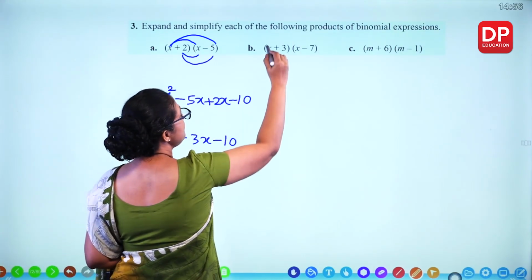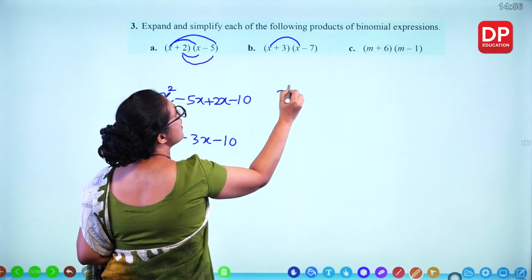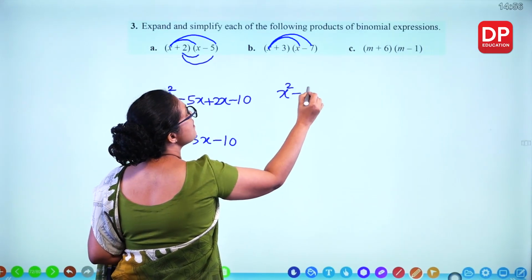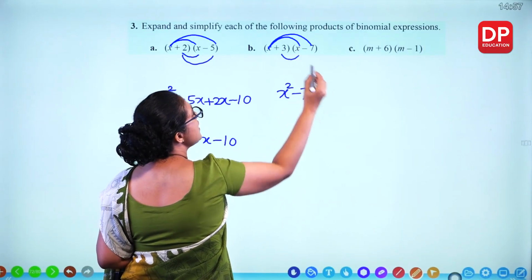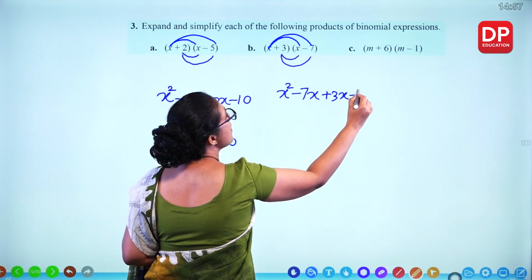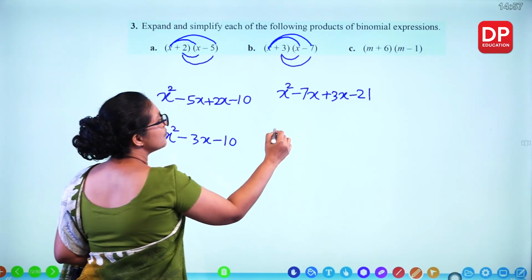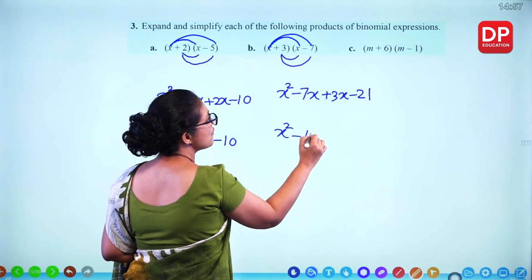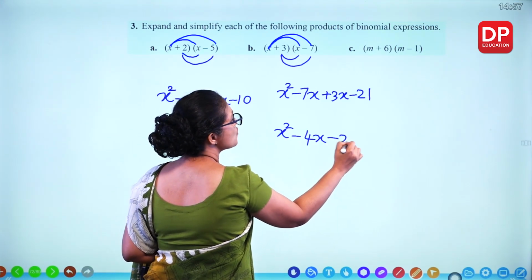This one, x into x, x squared. x into minus 7, minus 7x. 3 into x, 3x. 3 into minus 7, minus 21. x squared minus 4x minus 21.